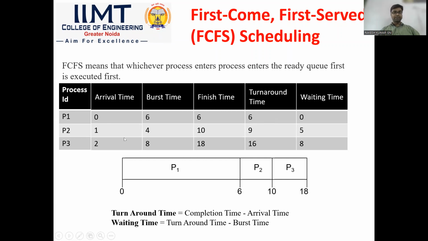For the second process, turnaround time is 9 and burst time is 4, so 9 minus 4 is 5. For the third process, turnaround time is 16 and burst time is 8, so 16 minus 8 is 8. So this is all about the FCFS algorithm, the first come first serve algorithm.